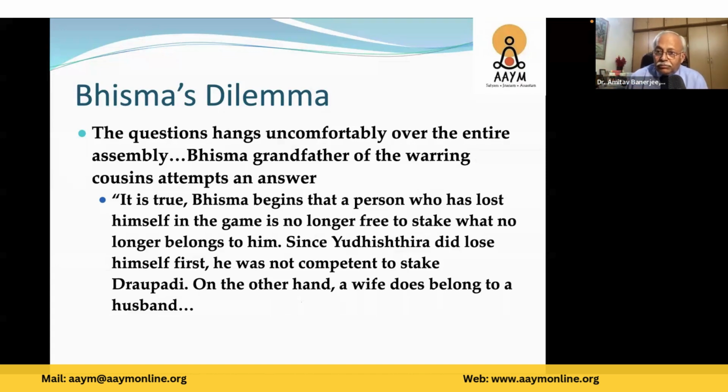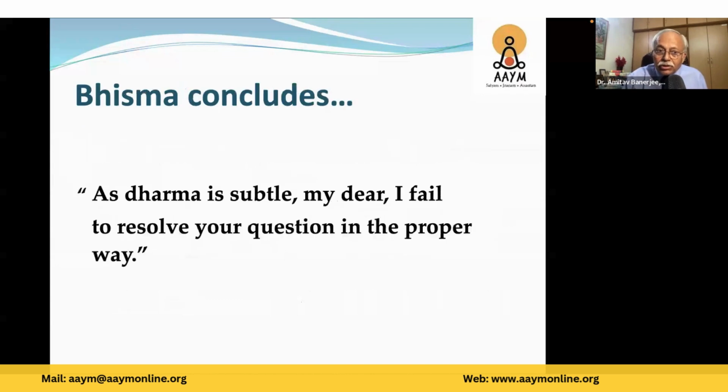But since a wife belonged to the husband in those days, he could still take a call, so ultimately Bhishma cannot answer. He concludes, as dharma is subtle, my dear, I failed to resolve your question in the proper way. Dharma can be thought of as ethics in the Mahabharata.